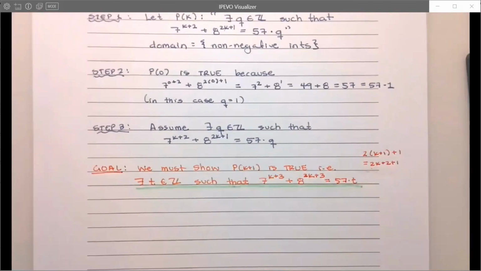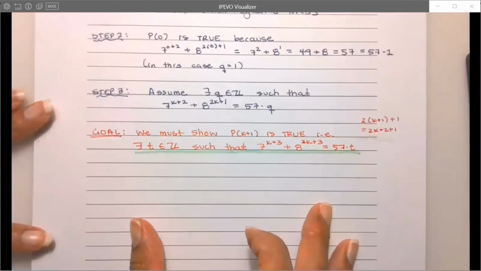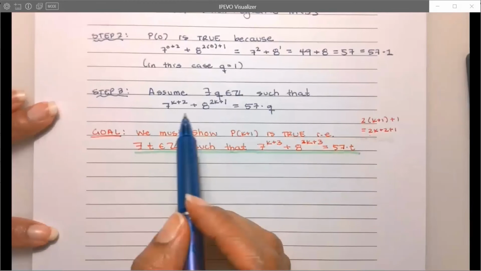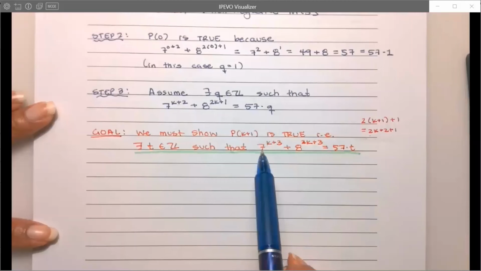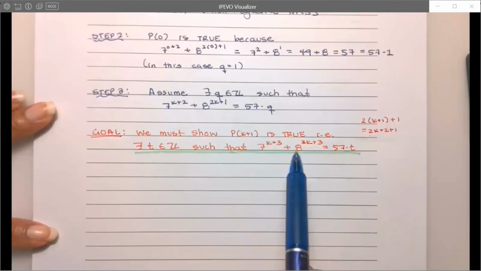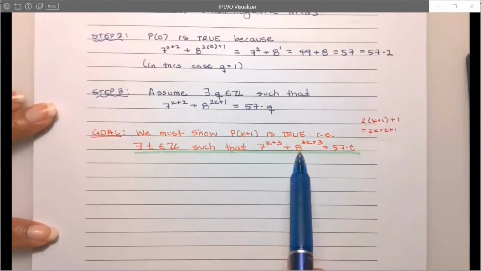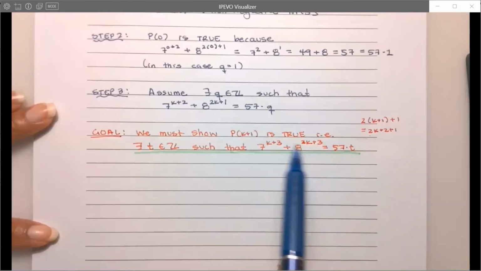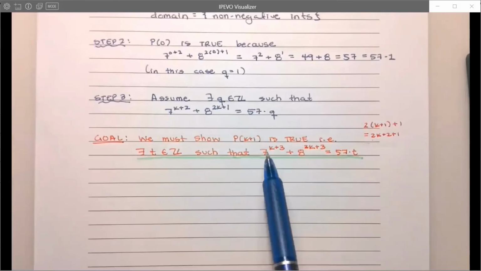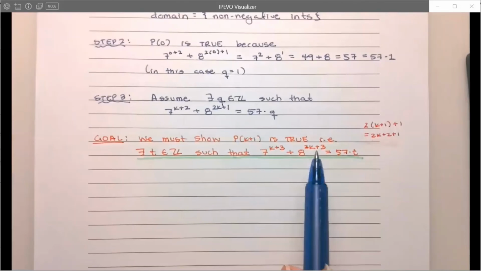Right, so let's work with what we have as an assumption. We need to make this equation look like, at least the left-hand side, look like 7 to the k plus 3 plus 8 to the 2k plus 3. And so here's, by trial and error, you can try several approaches, because this one is not as straightforward as the other examples that we were considering.